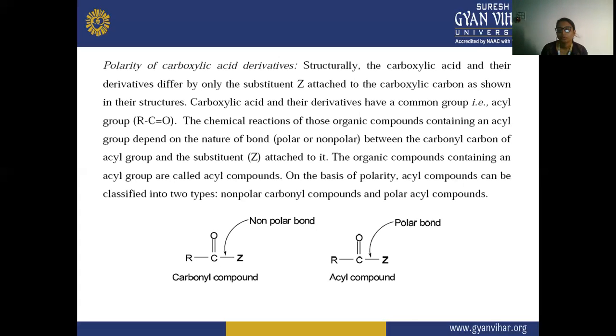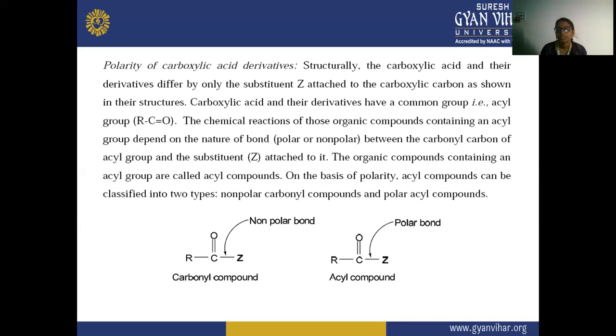On the basis of polarity, these compounds are divided into two types, that is the non-polar carbonyl compound and the polar acyl compound. Again, I'm telling you, due to the polarity of these carboxylic acid derivatives, they are classified into two types, the non-polar carbonyl compound and the polar acyl compound.